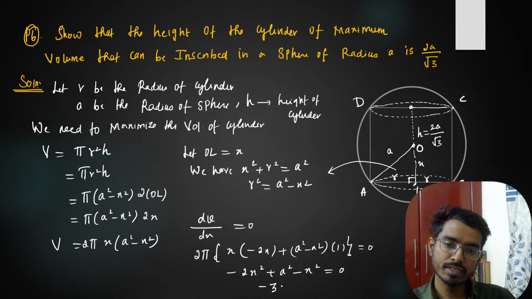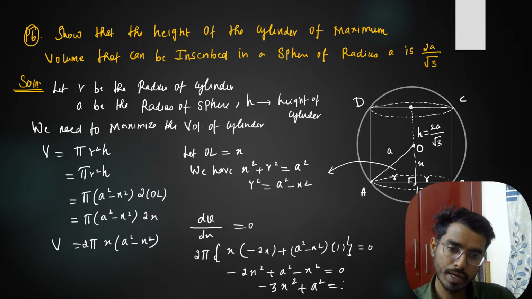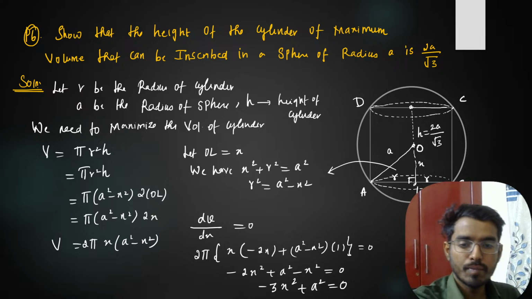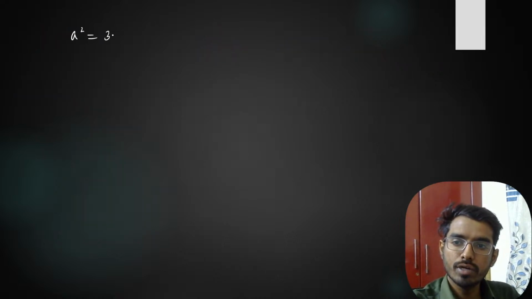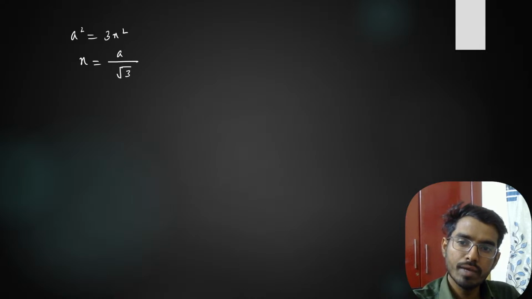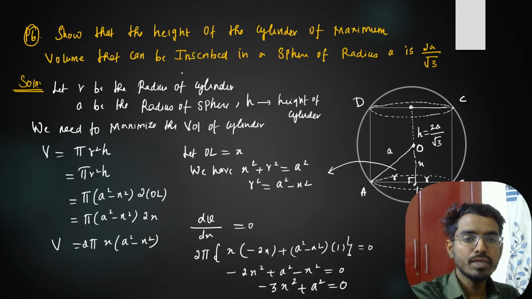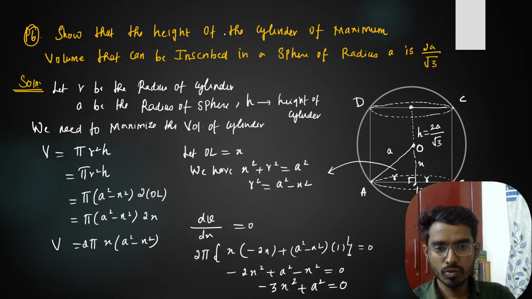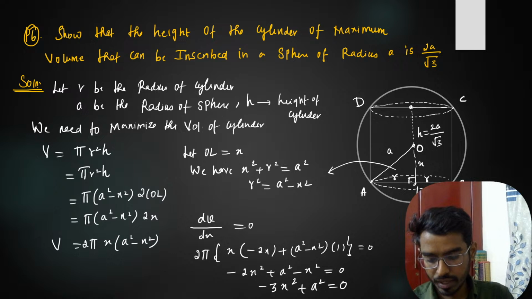So we have minus 3x square plus a square equal to 0. That means a square is equal to 3x square, so x is equal to a by root 3.